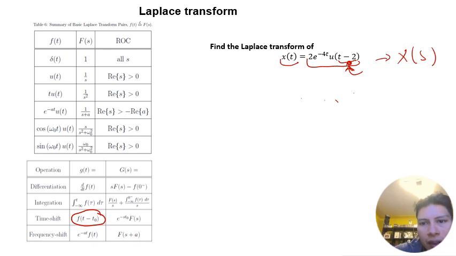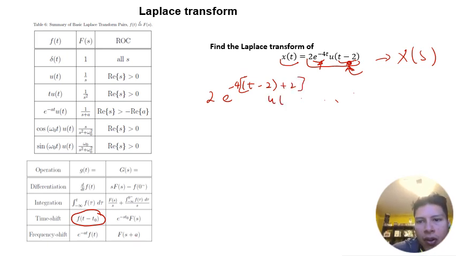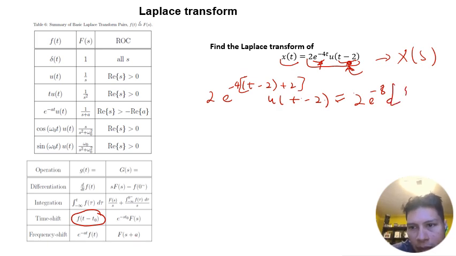So what we're going to do is write this in a clunky way as 2e to the negative 4 (t minus 2) plus 2, u of t minus 2, and that's just going to give us 2 e to the negative 8, the Laplace transform of e to the negative 4 (t minus 2) u of t minus 2.